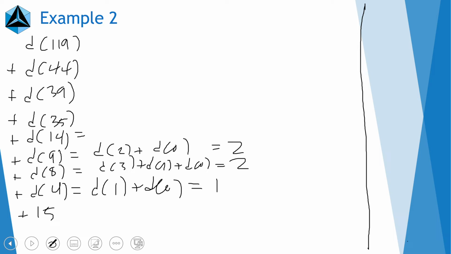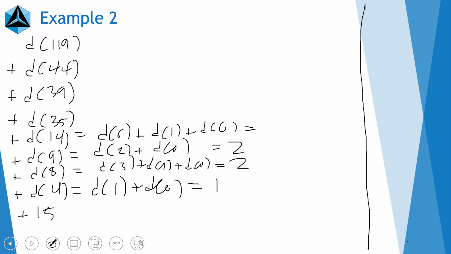Now d of 14, this is where we get d of 6 plus d of 1 plus d of 0. This is where it becomes not immediately obvious, because we don't know what d of 6 is. We have to compute this again.